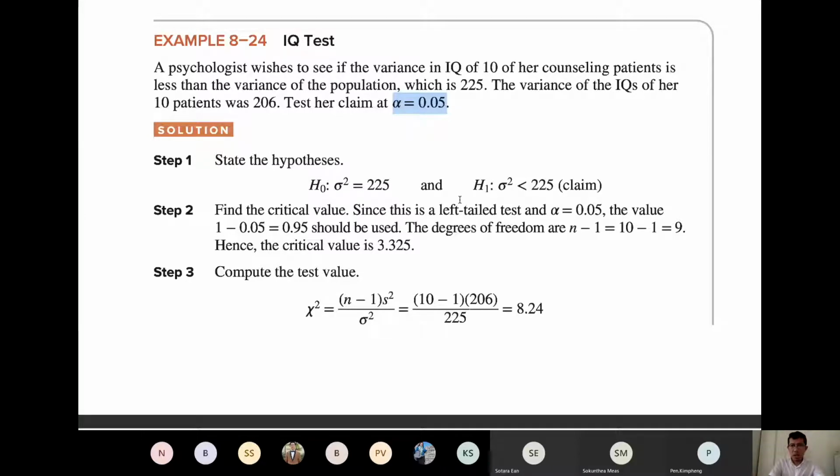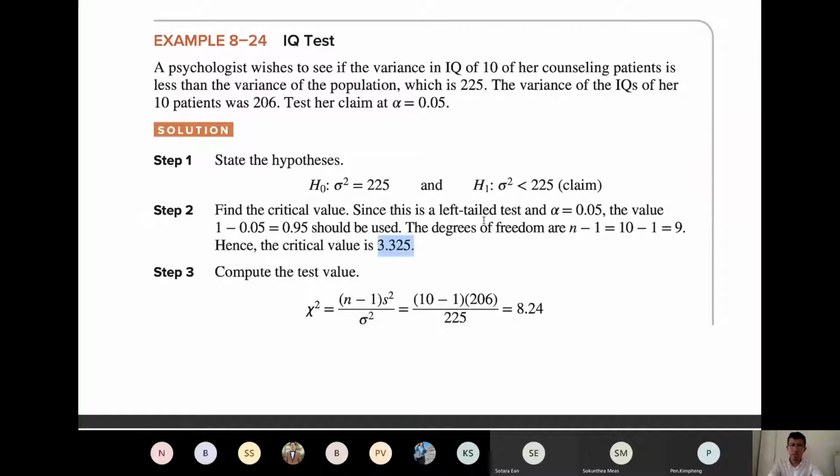So when your alpha is 0.05, 1 minus alpha is 0.95. And the degree of freedom in this case equals the sample size minus 1. Sample size in our case is 10 because we select 10 patients, right? So the degree of freedom is 9. And the critical value is this.